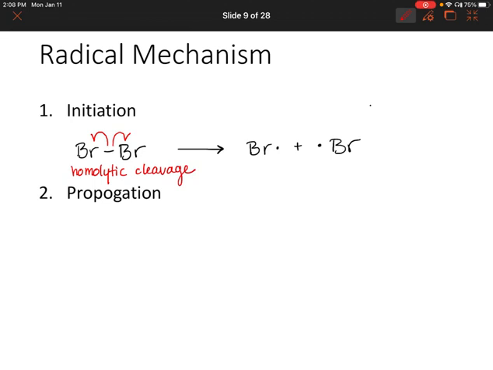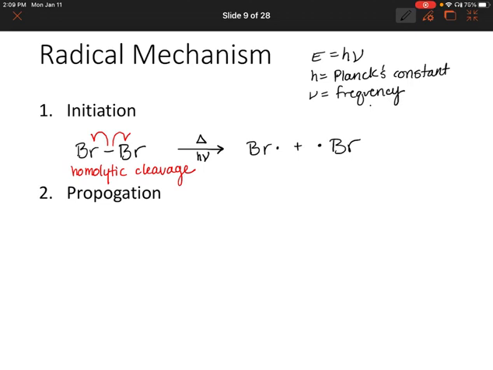All right, now in order to actually initiate this reaction, we have to add energy in the form of heat or light. So remember, energy is equal to h nu, where h is Planck's constant and nu is frequency.